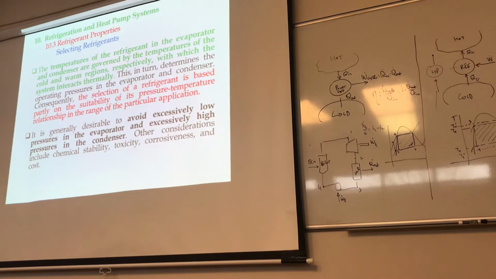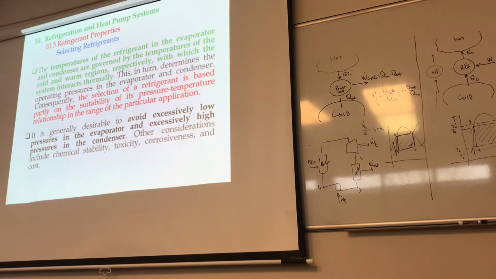Maybe you're working in an environment that is really hot, so your TH here is going to be really hot, so your refrigerant temperature is obviously going to change accordingly. If the temperature of the cold reservoir changes, the temperature here changes. That's why it says the temperatures of refrigerants in the evaporator and condenser are governed by the temperatures of the cold and warm regions with which the system interacts.